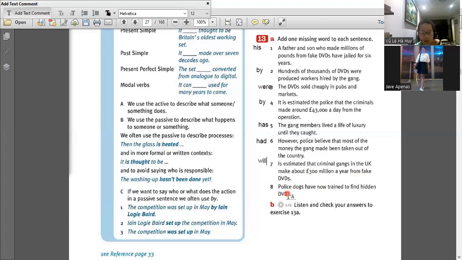Okay, number 8. Police dogs have now tried to find hidden DVDs.